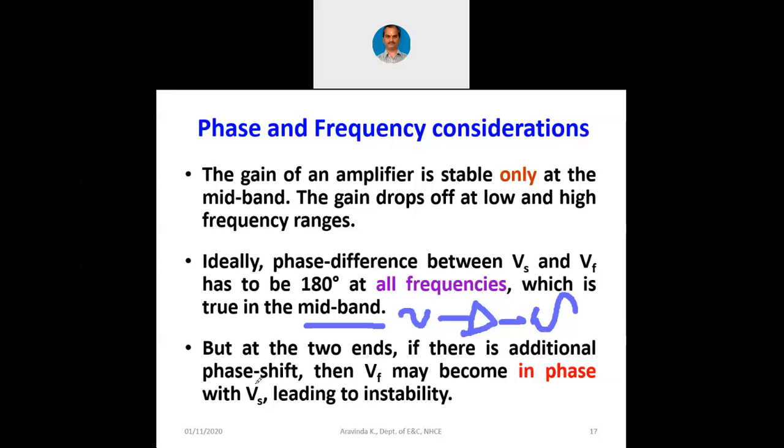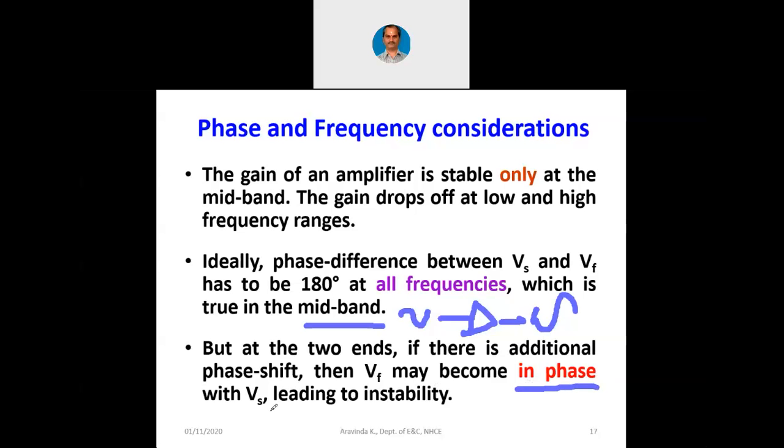Till now we have seen that the feedback voltage is subtracted from the input voltage. But because of this additional phase shift, if it becomes in phase with the input voltage, then the circuit will start oscillating.